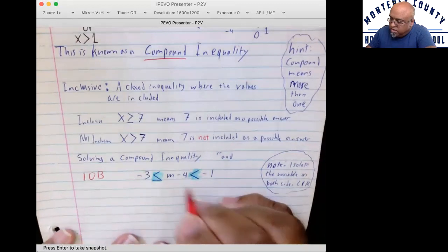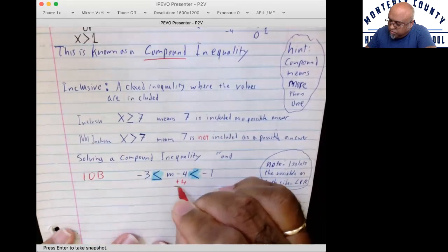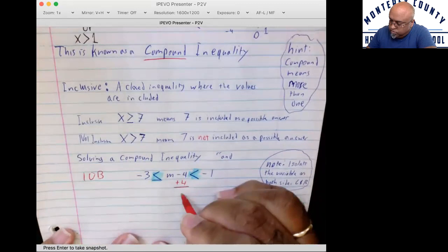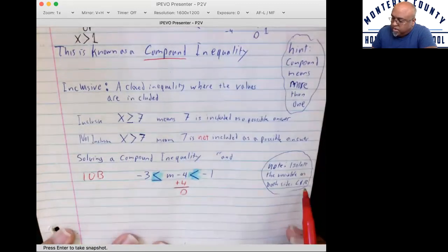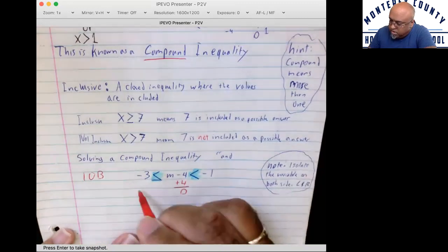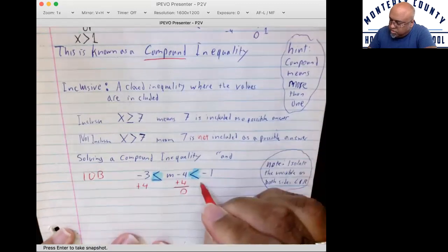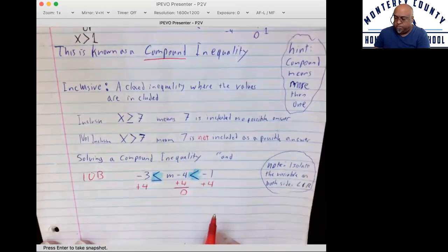In order to isolate the m, I must add 4 to turn that to 0. Now I must do it to the left and to the right side of my inequality here. So I'm going to add 4 there, and I'm going to add 4 there. See how I'm doing it 3 times.